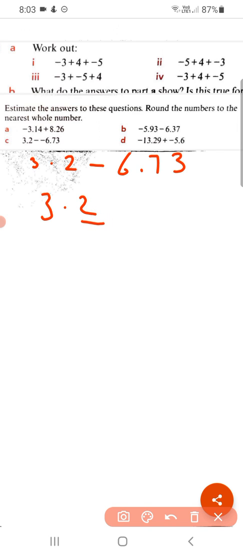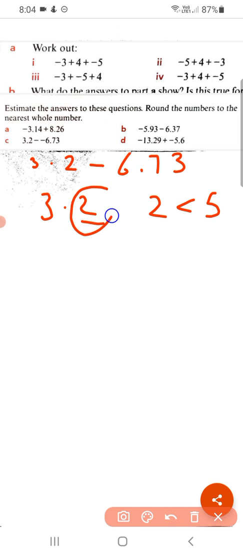Check the 10th place. The 10th place is the first place after the decimal. That is 2. 2 is less than 5. Less than 5 means 0, 1, 2, 3, 4. These digits are less than 5. In such cases, what will we do?